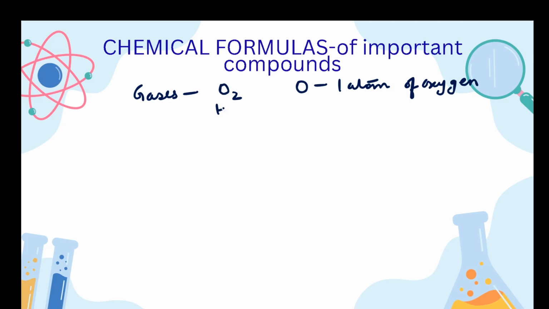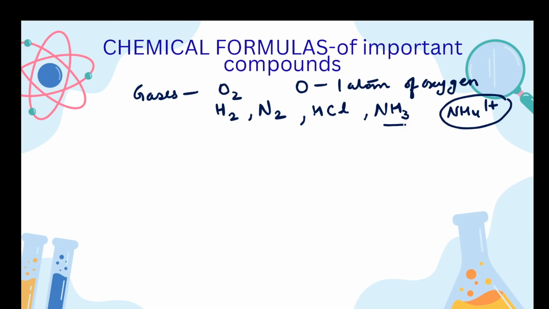Likewise for hydrogen gas, it will be H2. Nitrogen gas will be N2. Never write N. For hydrogen gas, don't write H. Okay. Hydrogen chloride gas is HCl. Okay. And ammonia gas is NH3. Again, don't write ammonium ion. There is a difference between ammonium ion and ammonia. Okay, ammonium is a radical and ammonia is a gas.